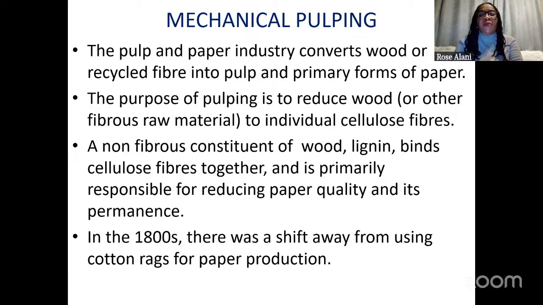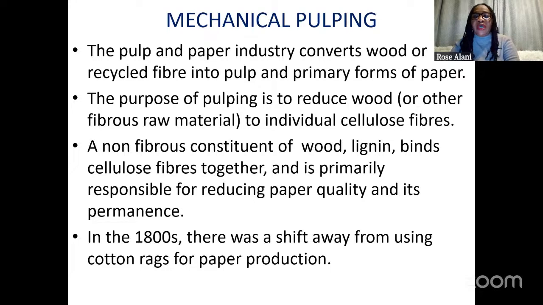So the purpose of pulping is to reduce wood or other fibrous raw material into individual cellulose fibers. Remember, I've told you that wood is mainly cellulose and then the lignin that binds it and so on. So you will carry out pulping so as to reduce wood into individual cellulose fibers.